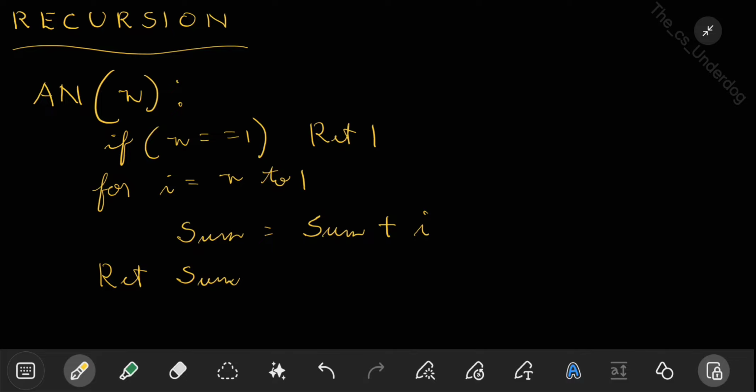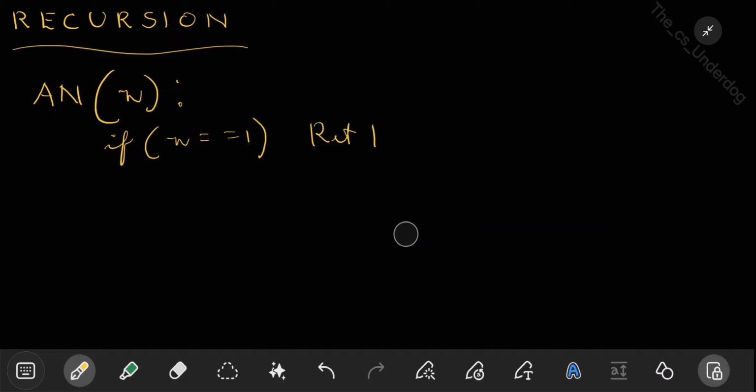Next thing is, I should know what the recursive call is. Instead of this for loop, I'll have a single recursive call. What will be my recursive call? I'll say return n, the present one, plus I'll call the same function, addNumbers of n minus 1.